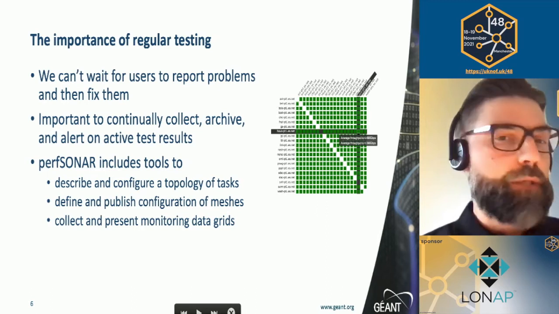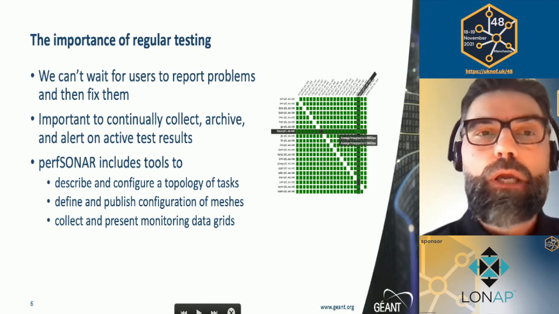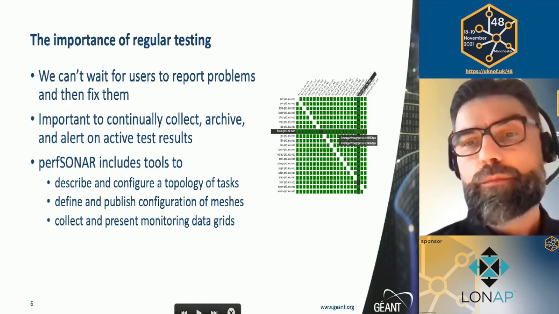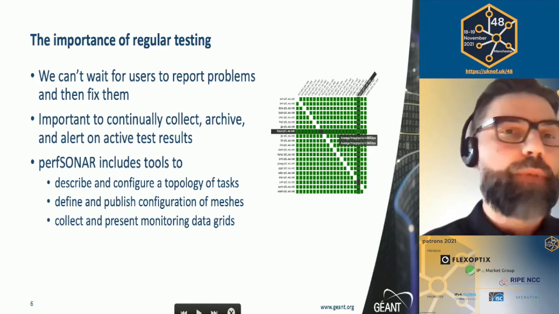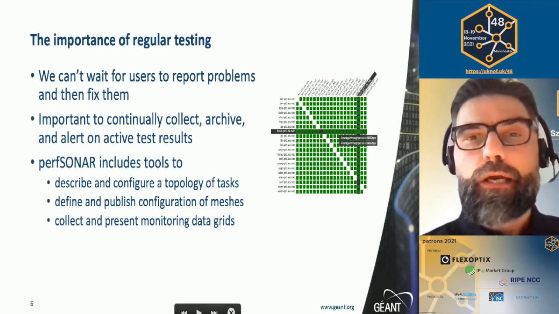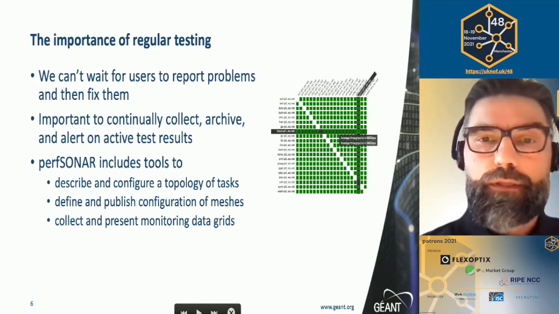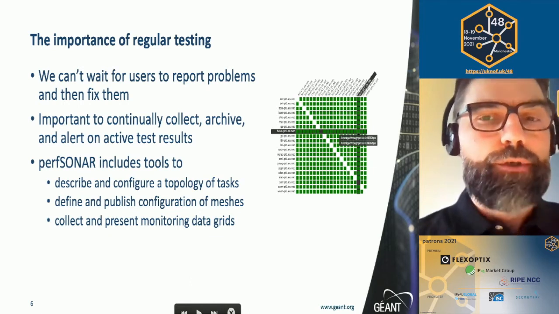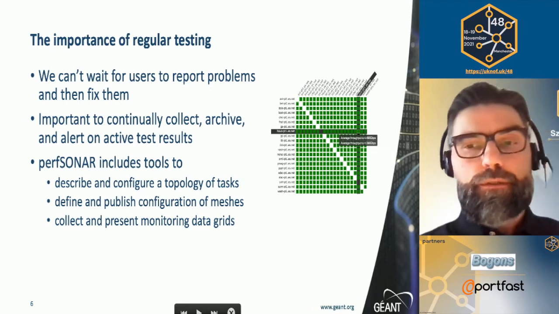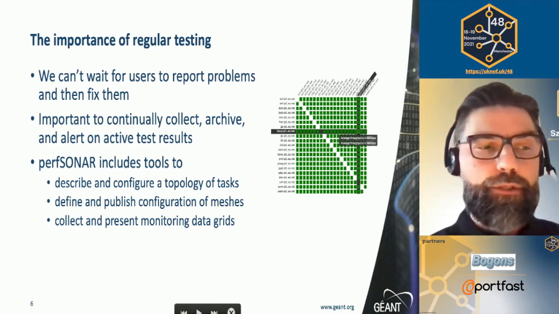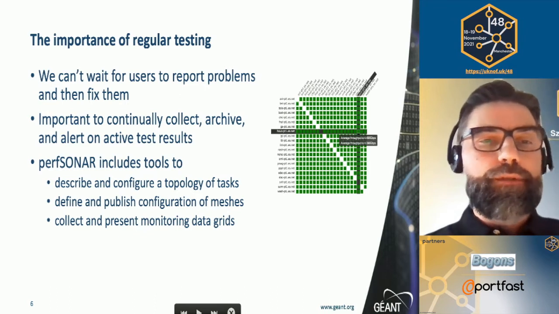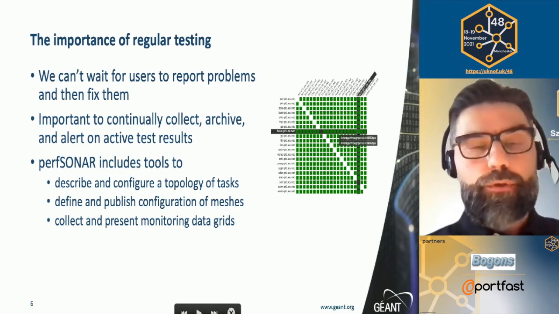And finally, you can be alerted when something goes wrong and a threshold is crossed, which means that the performance is below or higher than expected, as set by the network operator or researcher. And in order to do that, the architecture and the implementation include tools to describe and configure the topology of tasks.